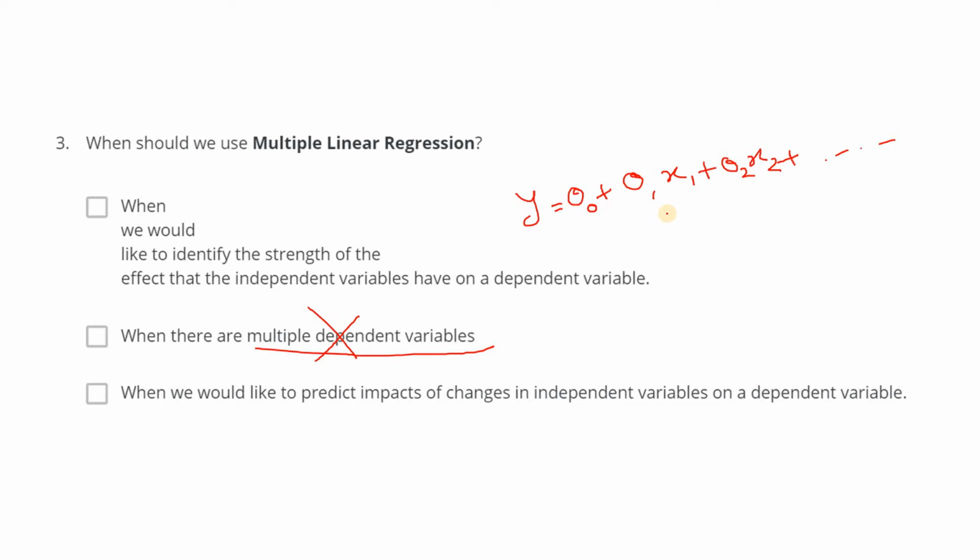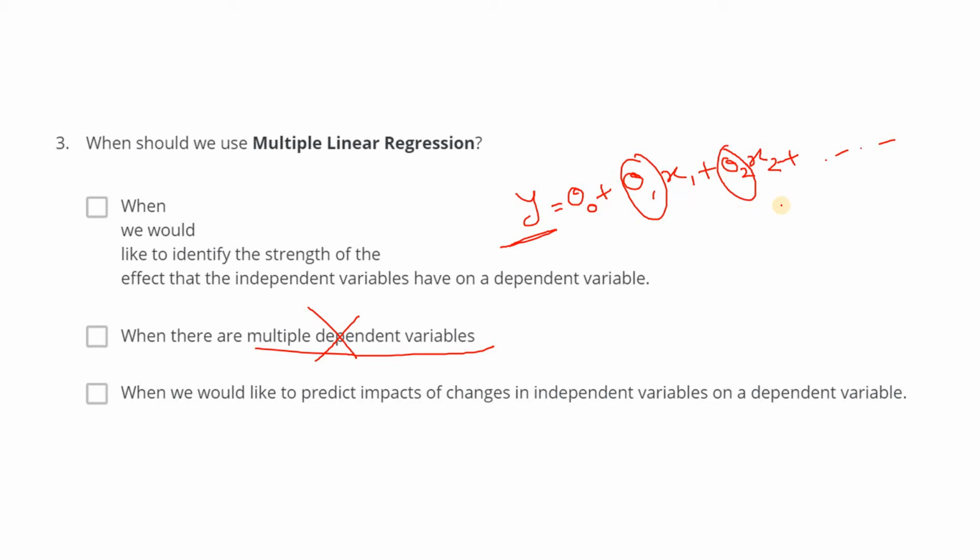Now what I told you in the intuition part is that theta 1, theta 2 tell how these features x1, x2 are impacting our outcome variable. If the sign is positive for these values, theta naught, theta 1, and so on up to theta n, then those features are impacting in a positive way. If the signs are negative, that means x1, x2 are impacting in a negative way.